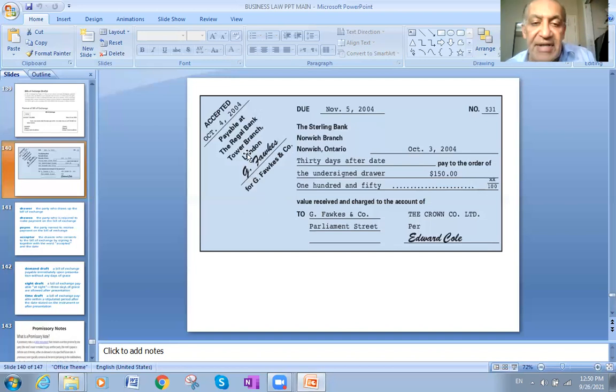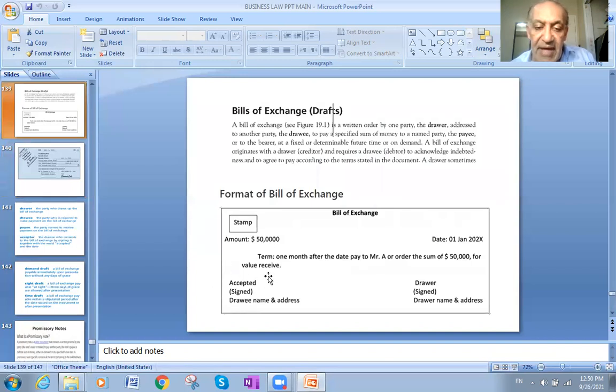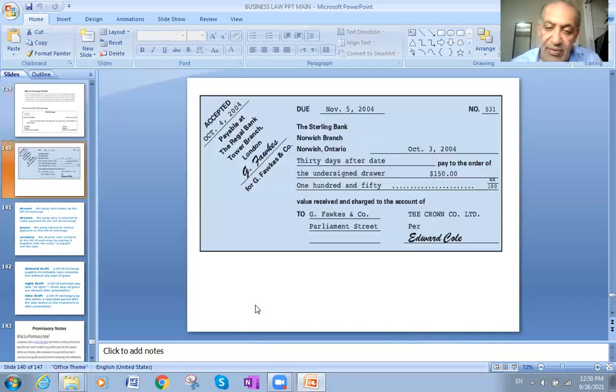So he accepted here. Like we see here before, it must be accepted by the drawee. So the drawer will direct it to a bank, and it must be accepted by the drawee. Here it is accepted by the drawee. Without this acceptance, there won't be cashing for this money.